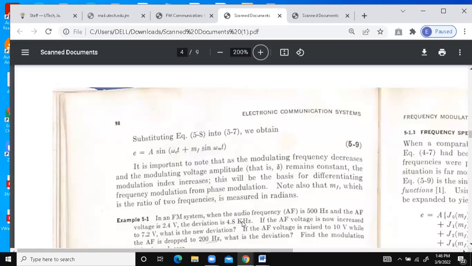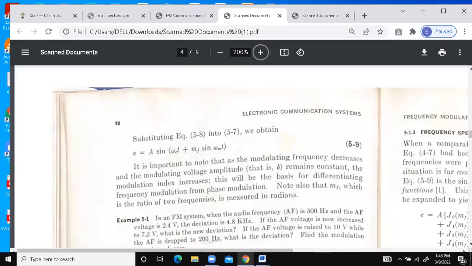And now they are going to change the voltage from 2.4 to 7.2. And they want to know what is the new deviation.